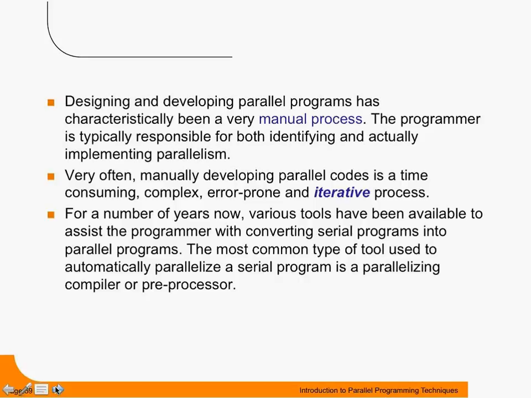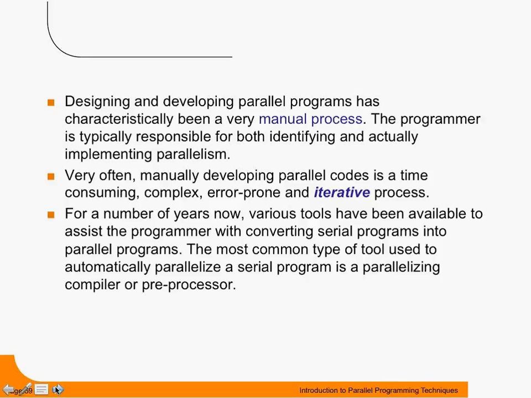Manual parallelization is time consuming. If you have enough time and you wish to learn about parallel programming, then manual parallelization is useful. But if you just want to get some results, then you can do automatic parallelization. You can use some flags in your compiler, and the compilers are smart.